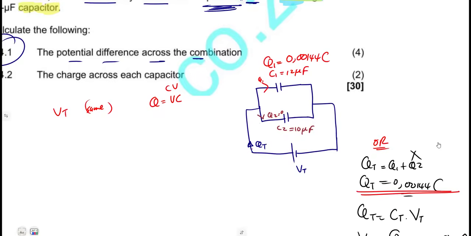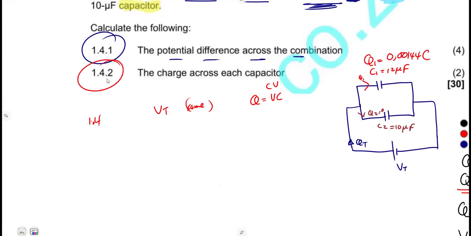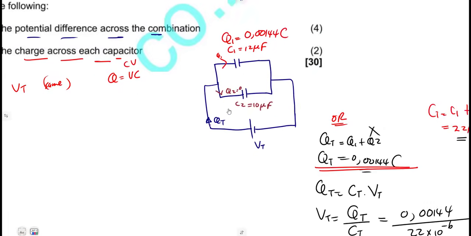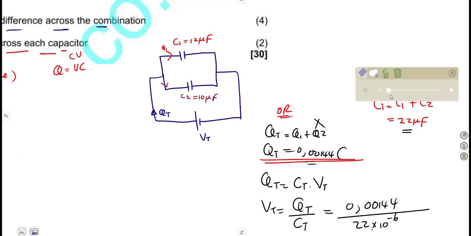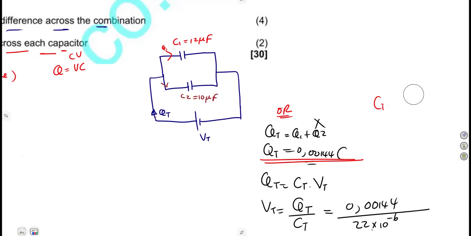So from this total voltage, now calculate 1.4.2, the charge across each capacitor. So you neglect now the information that you had before. To say there's a charge of this and that, you take this back to default settings, all right? When now the voltage is given as what?